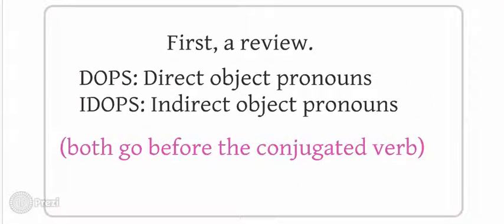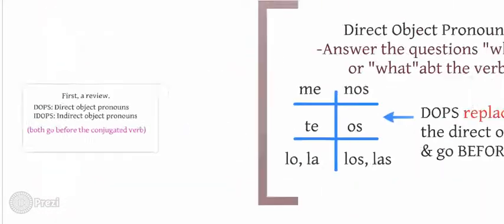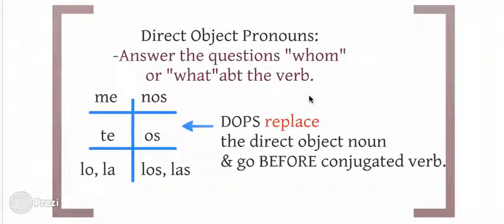So first, a review. I call direct object pronouns DOPs, and I call indirect object pronouns IDOPs. Okay, so if you see those words in this, that's what I'm referring to. Both of them go before the conjugated verb, and I will show you examples of that as we go through this. All right, start with direct object pronouns. This should sound familiar.